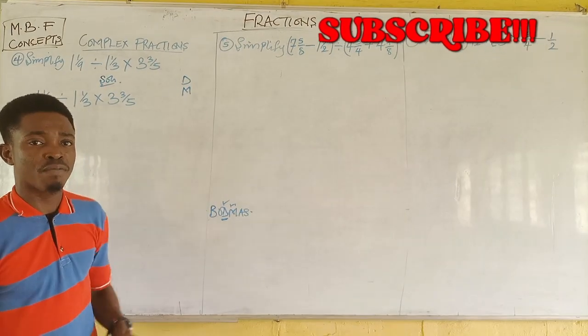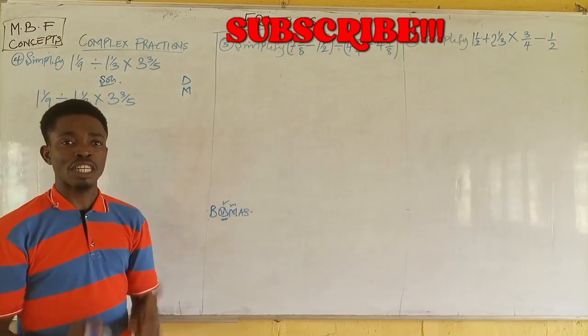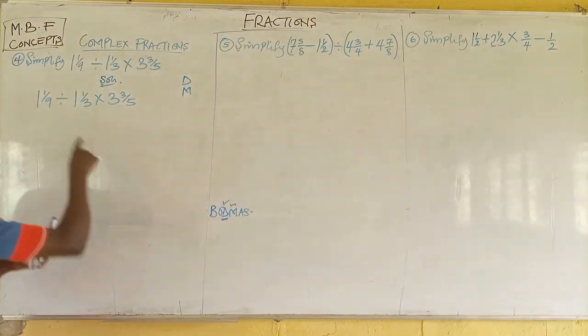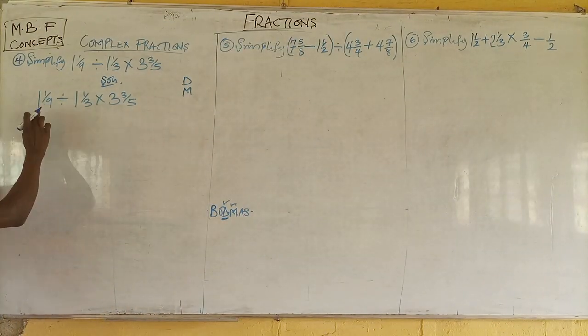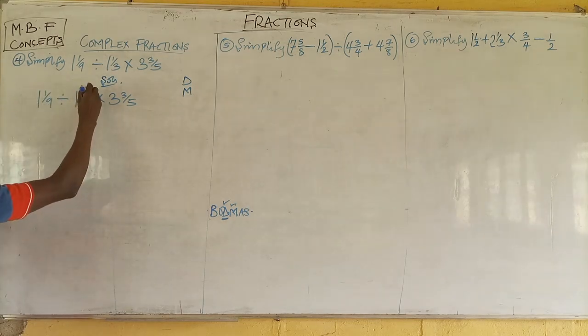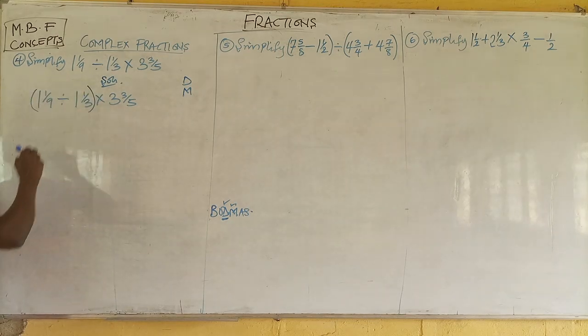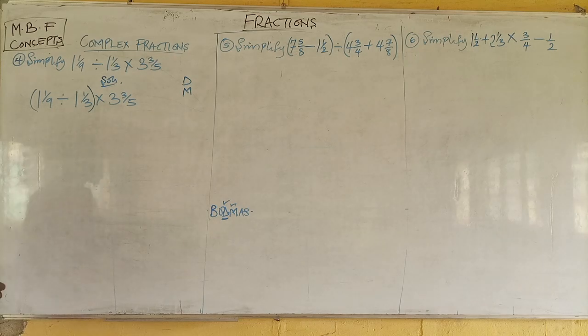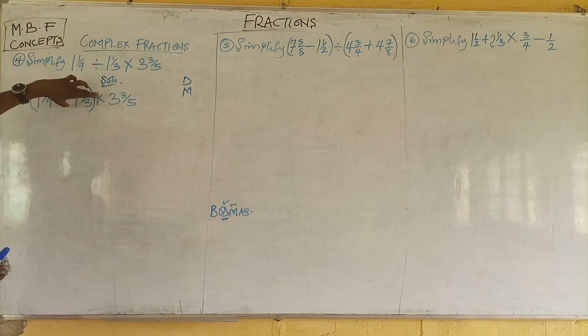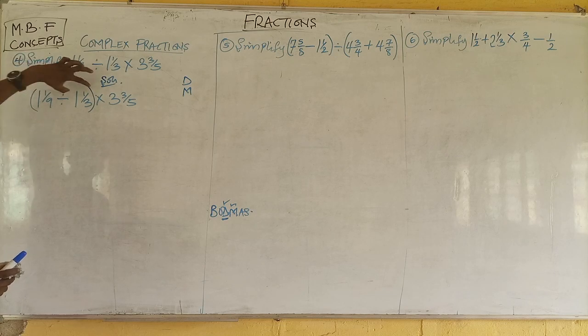So we are going to first look at the fractions that are connected with division before multiplication. In this question, this is 1 whole number 1 over 9 divided by this, so we first observe this aspect of the fraction. This multiplication affects this only, and this division affects this, because we are dividing this by this.